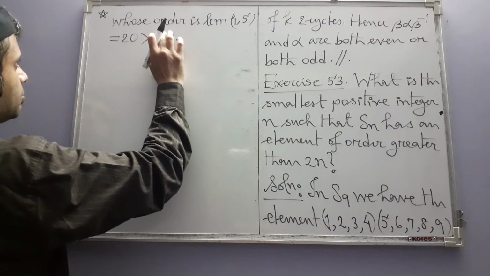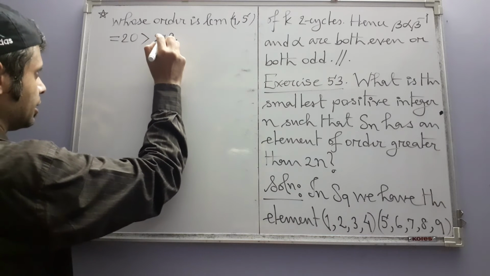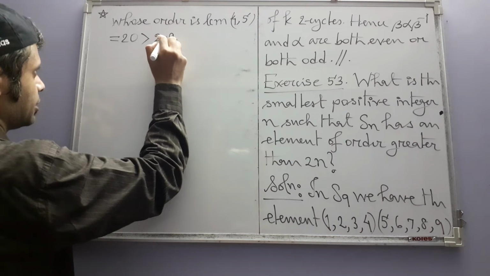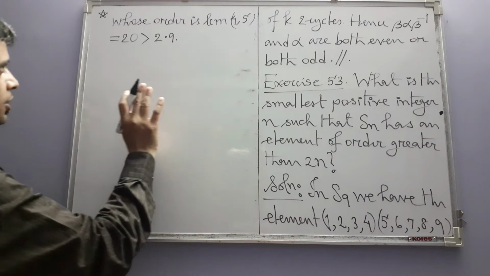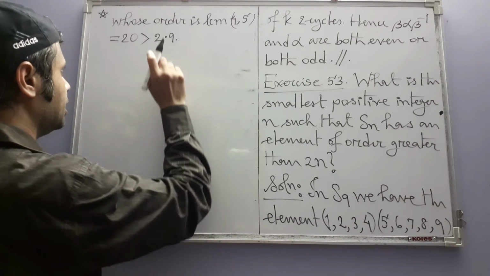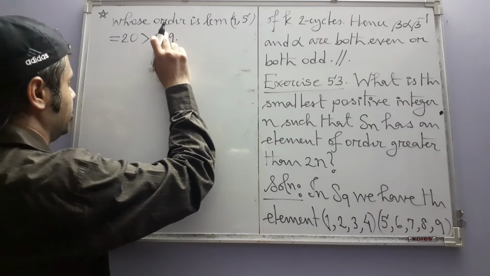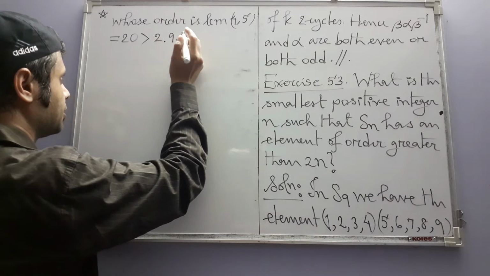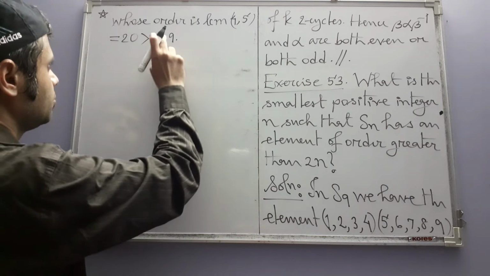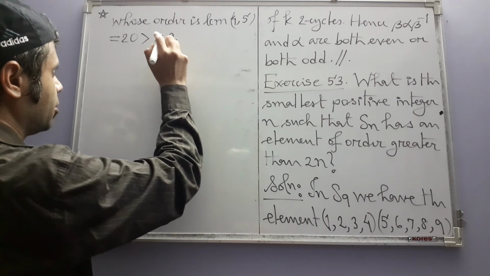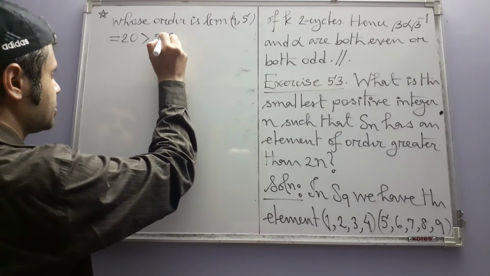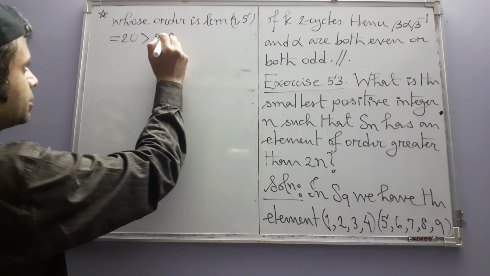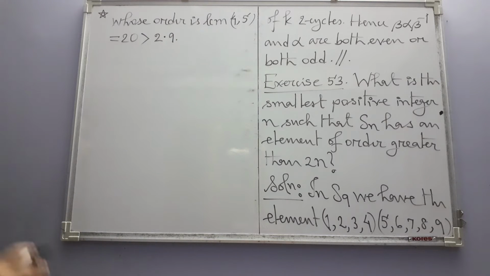A small thing about writing this dot, I'm not sure whether I mentioned this before anywhere in my videos. When you write a decimal point, you write that here in the bottom, but when you use dot as a symbol for the multiplication operation, you write it in the middle, 2.9.